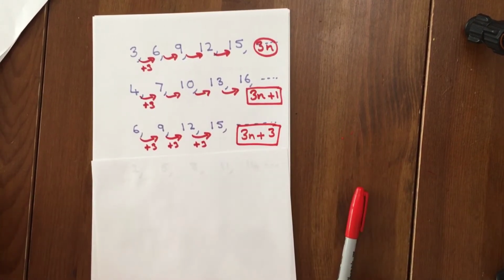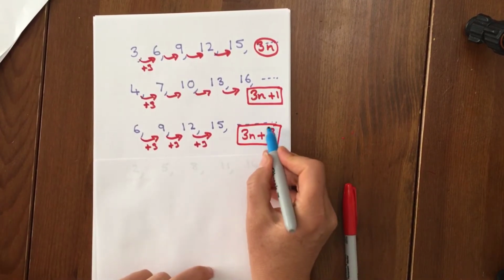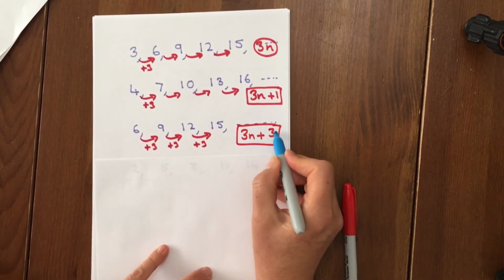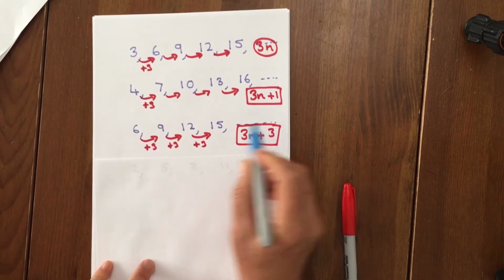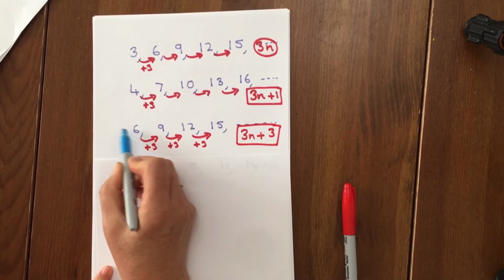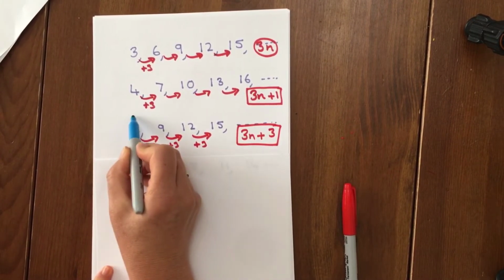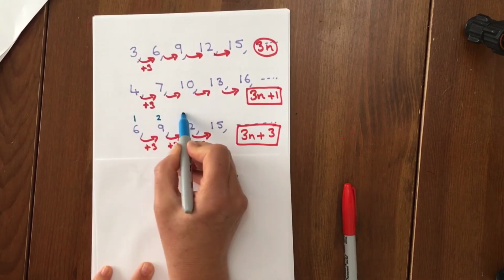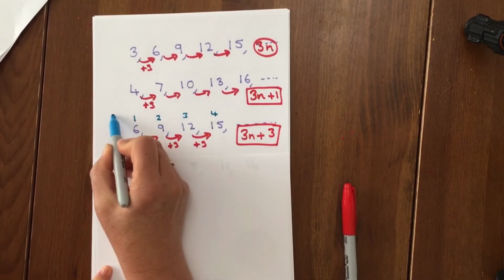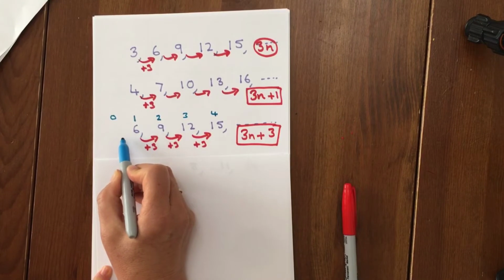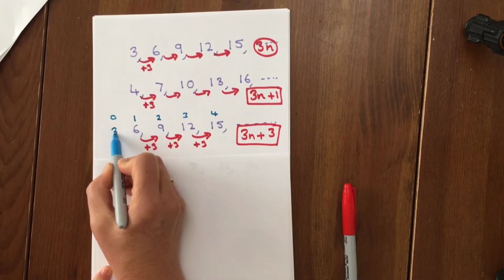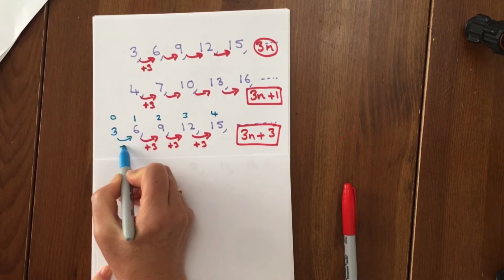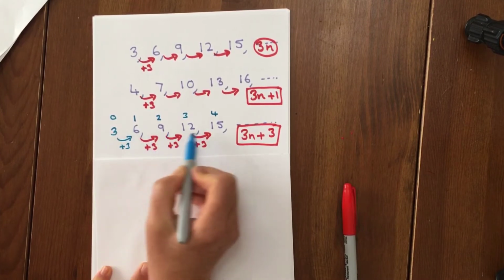You could also, if you wanted to work out what I'm adding here, because sometimes that's a bit tricky, go back to find the term before. So if this is the first term, second term, third term, fourth term, we call it the 0 term. If we work out what this was, it would have to be 3, because remember I'm adding 3 each time.